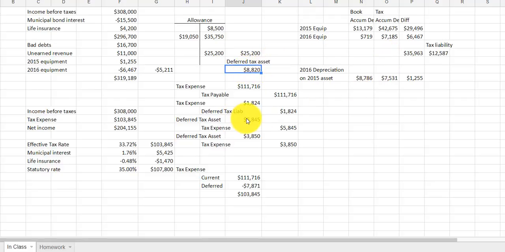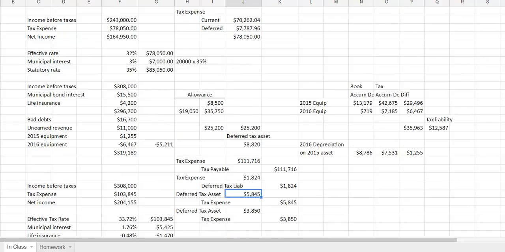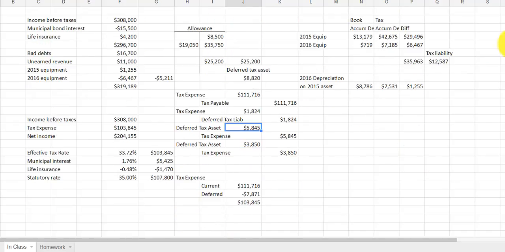Last year, we created a deferred tax asset of 2,975. So we take 8,820 and subtract the 2,975 and we get our increase in the deferred tax asset, which is also a credit to the tax expense. So we debit tax asset and credit tax expense.